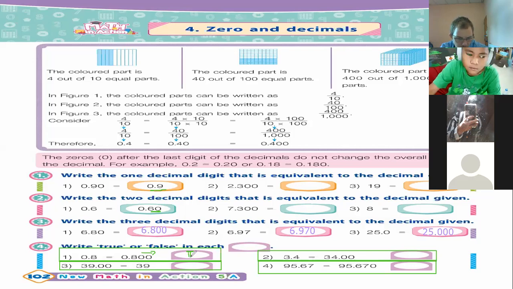Number 2, 3.4 equals 34.00. True or false? Are they the same?